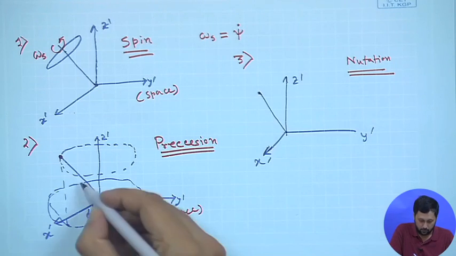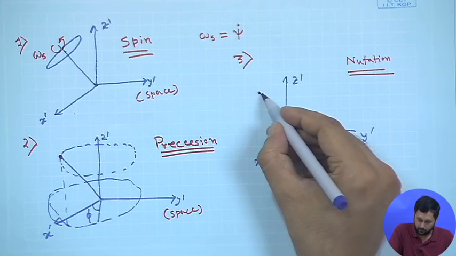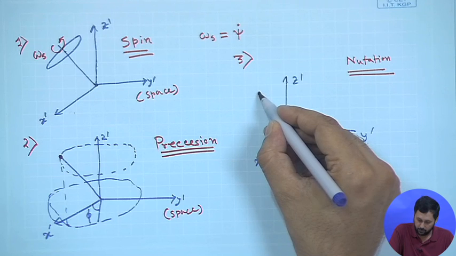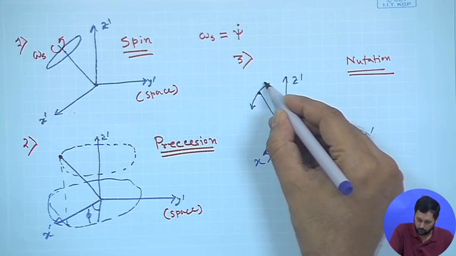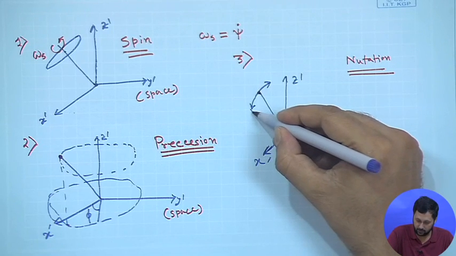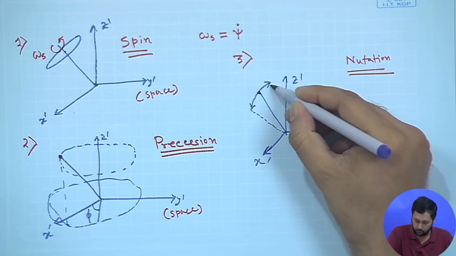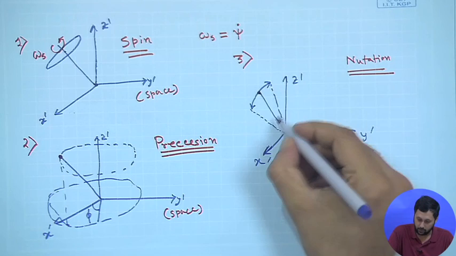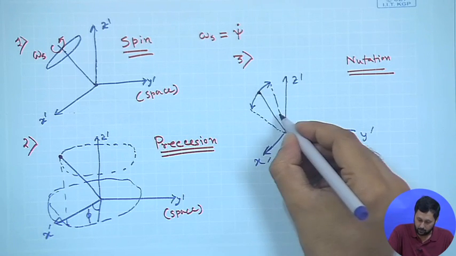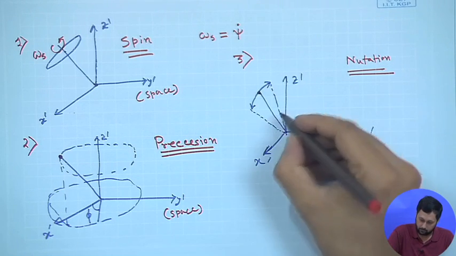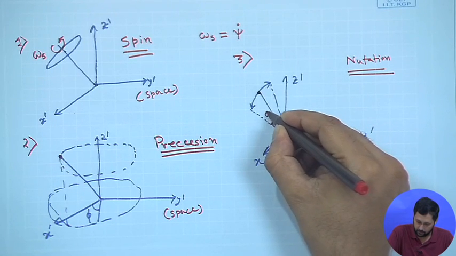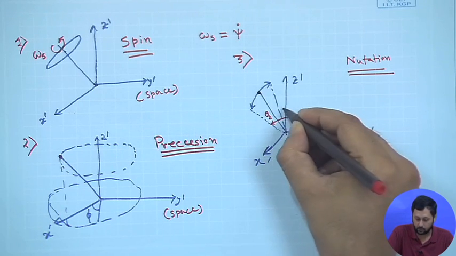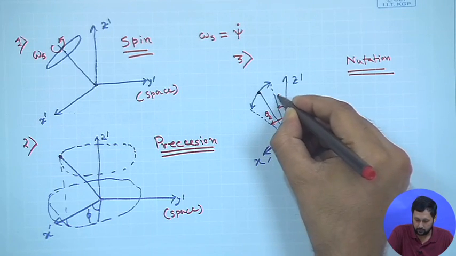So, what happens is this top with time it falls or goes up. So, essentially it can, let us say, come down to this position. Okay. So, it can come down, I mean, make an angle theta 2, or it can go up to make an angle theta 1.